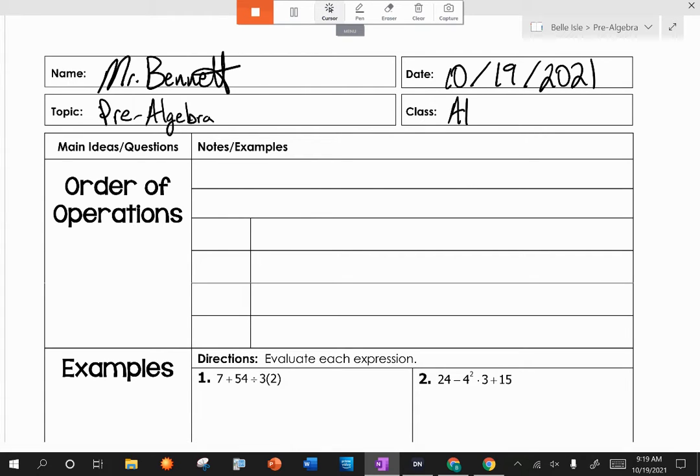Okay. First, before we talk about any definitions or anything like that, I would like for you to try and do number 1 in the examples.